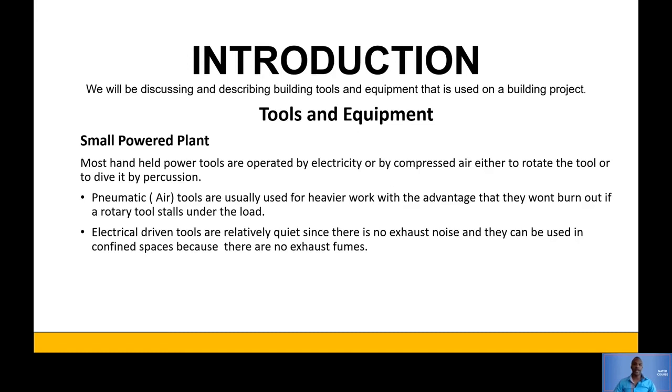Okay, so that's our outcome for today, for this section, to learn about these tools. Like, what are these tools? What's this equipment? What's this plant? And remember, plant is not vegetation.